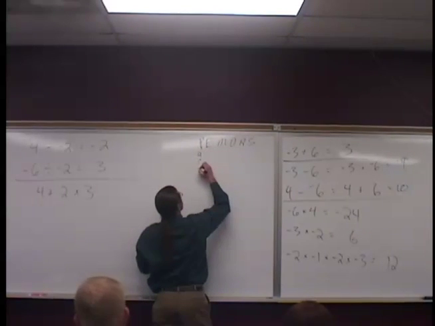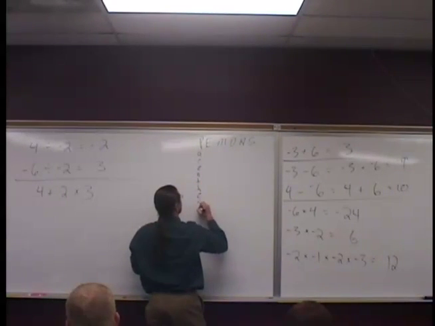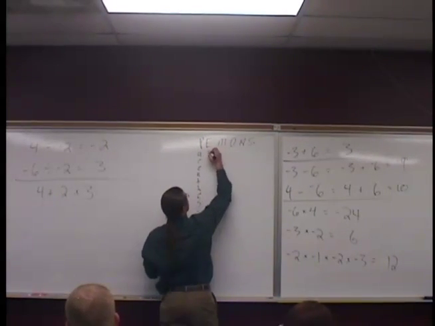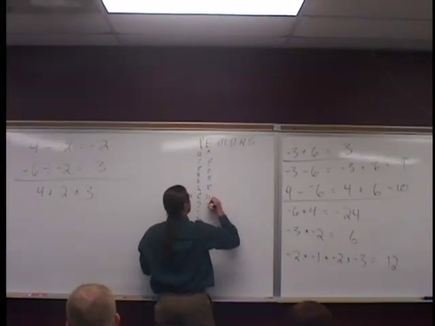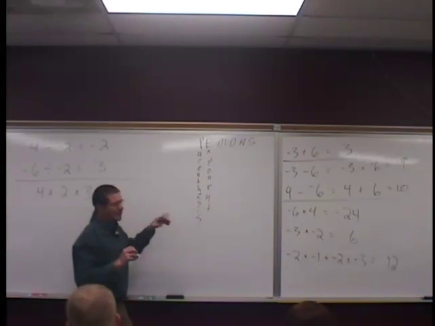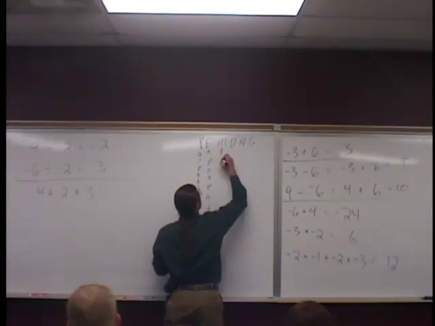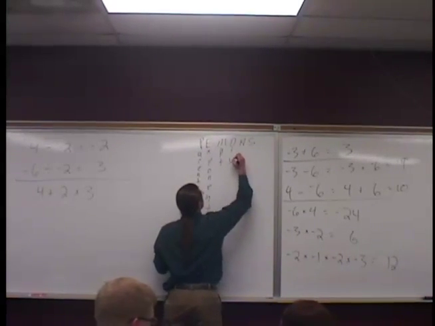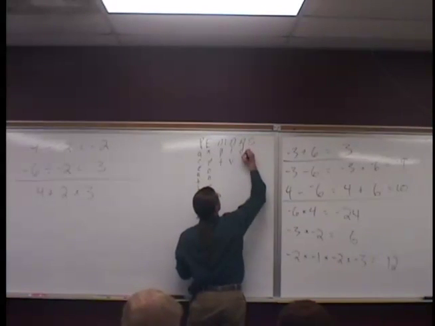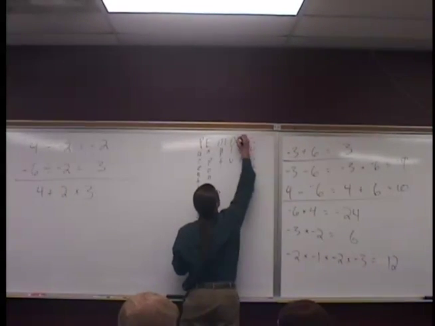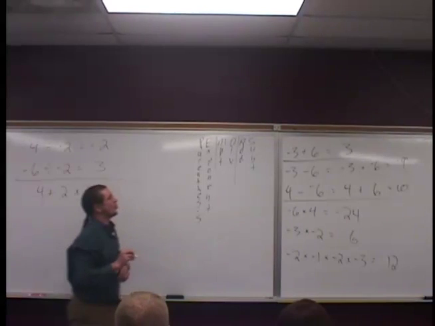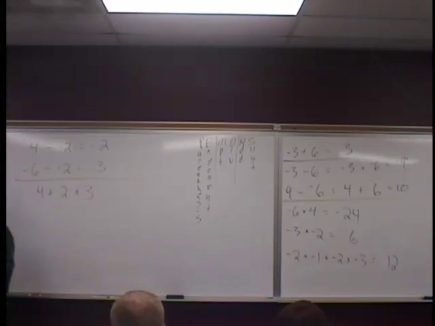Parentheses. What's the E stand for? Exponents. Realize that in this class we will not deal with exponents too frequently, just so that you know. M and D, multiplication and division. A and S, addition and subtraction. Please realize that there are 4 orders. There's not 6. Multiplication and division are at the same order.